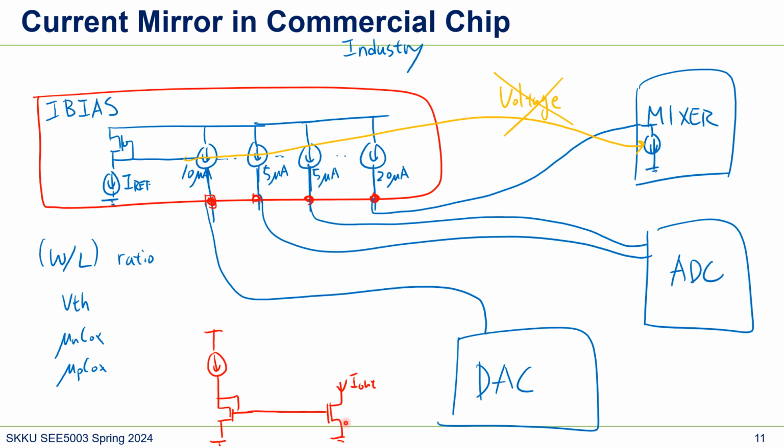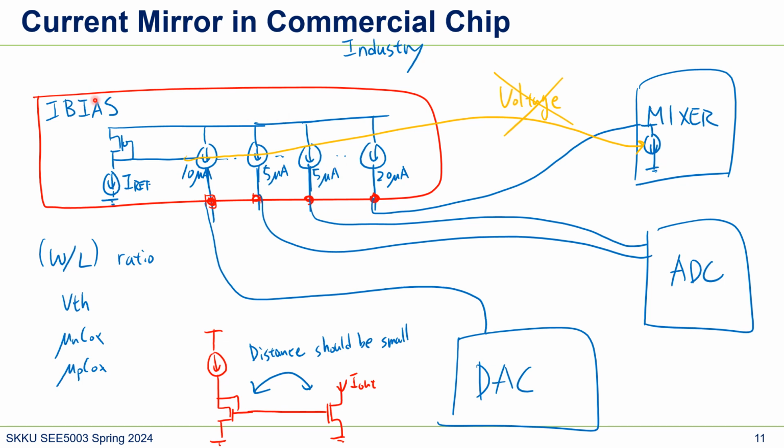So the distance should be small. They should be very close, so they can perfectly replicate the current. That's why there's usually a common main current bias block, and they provide multiple currents.